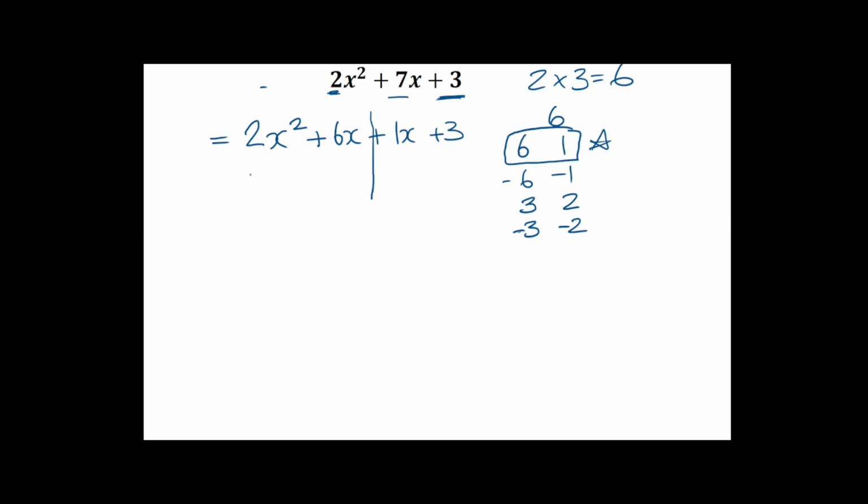Well, there is a common factor, and it is 2x. 2x times what gives you 2x squared? X. 2x times what gives you 6x? Well, it's going to be positive 3.